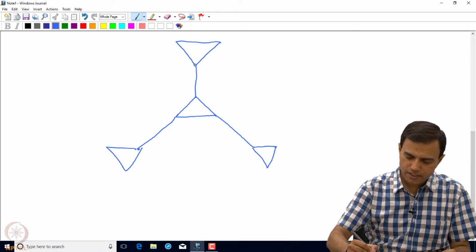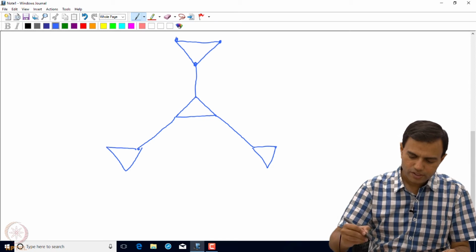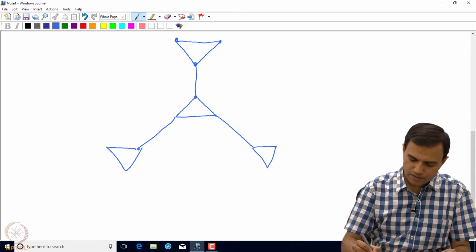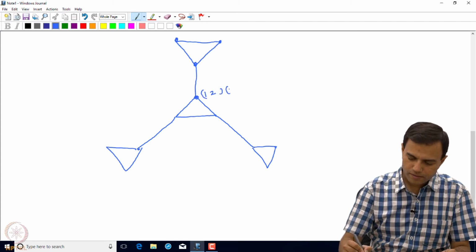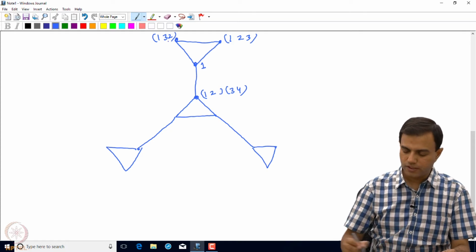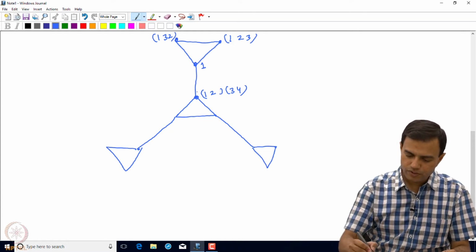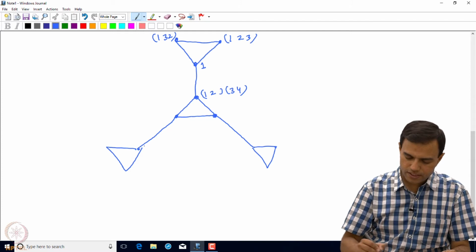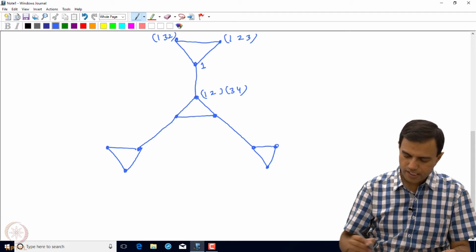So in the Cayley graph, say this is the identity element, this could be 1, 2, 3, this could be 1, 3, 2. Likewise, this is 1, 2, 3, 4. This is the identity. This is 1, 2, 3, 1, 3, 2, and so on. Other things I am not labeling. So 1, 2, 3, 4, 5, 6, 7, 8, 9, 10, 11, 12.